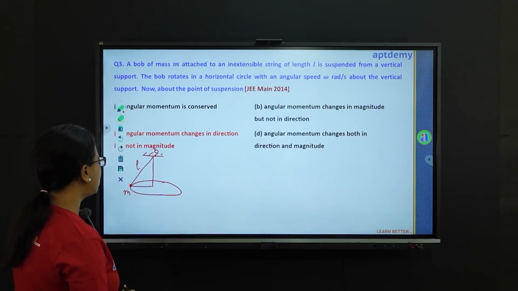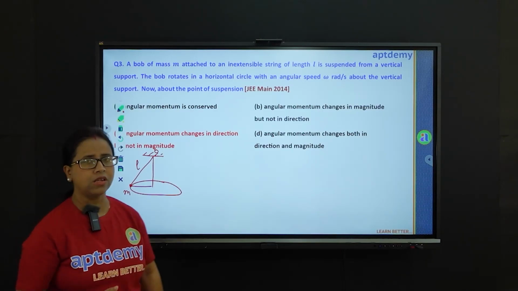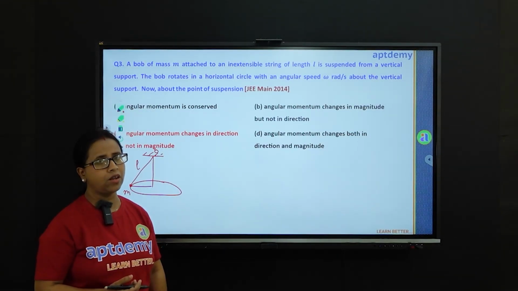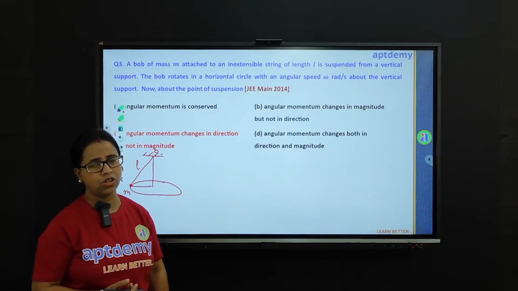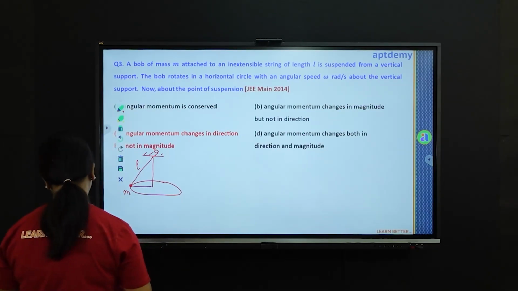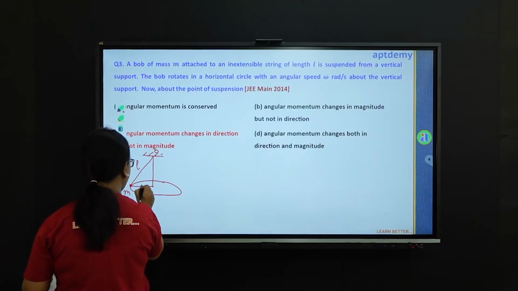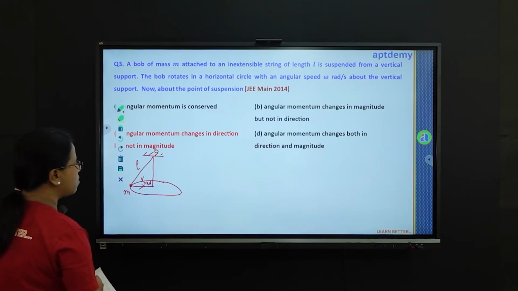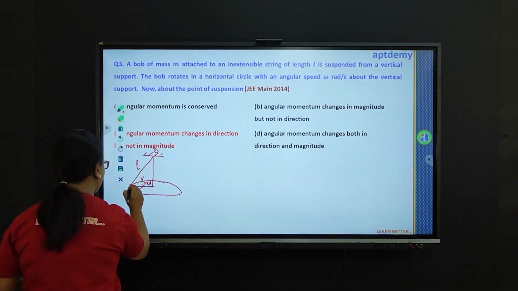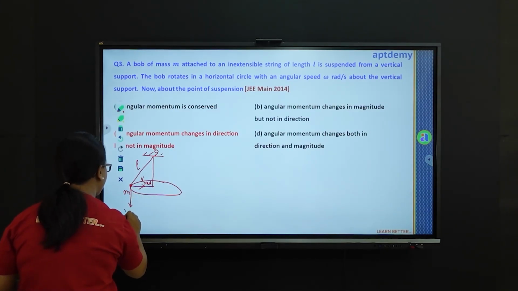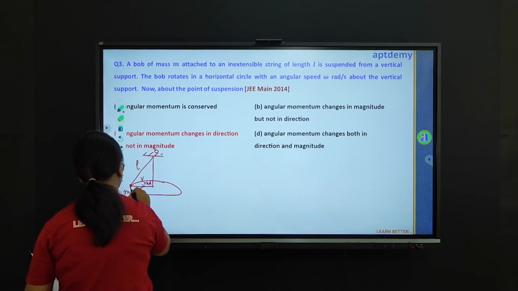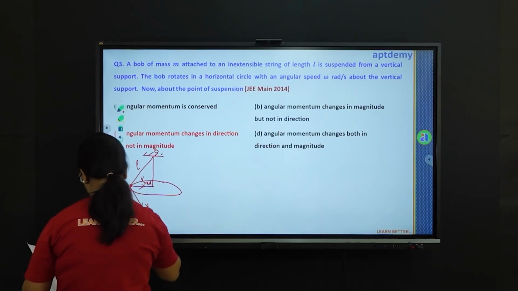So we may see that the velocity v will be resolved into two rectangular components, the radial component and the tangential component. So let's have a look at the components in the diagram. We have the radial component of the velocity here as v radial and the tangential component as v tangential. So this basically is the velocity vector v.